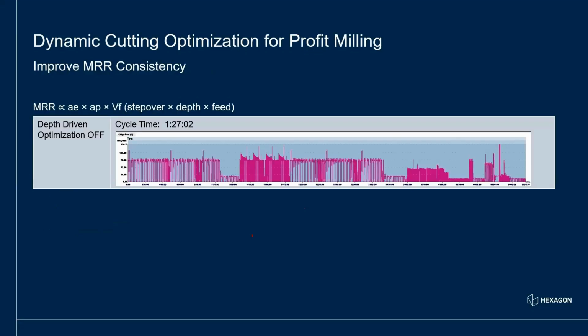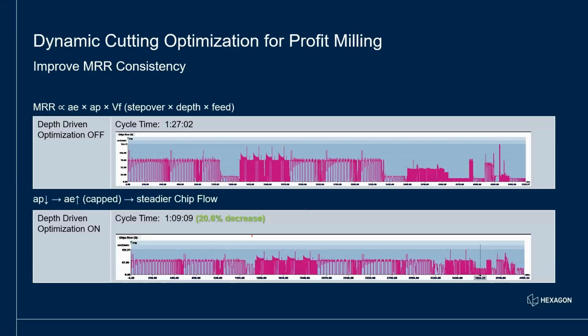You can see the material removal rate, the MRR consistency. The first one is with depth-driven optimization off. When dynamic cutting optimization is off, the cycle time for one pocket operation is 1 hour 27 minutes.